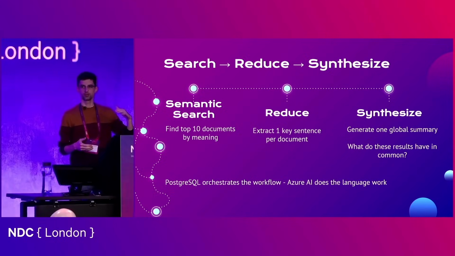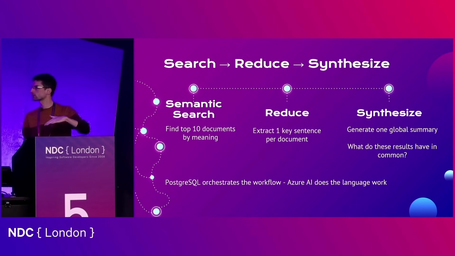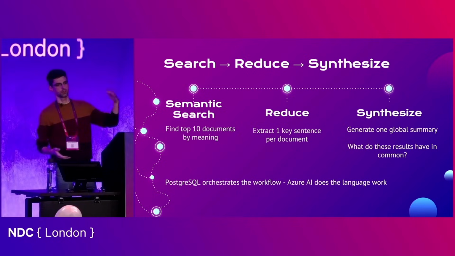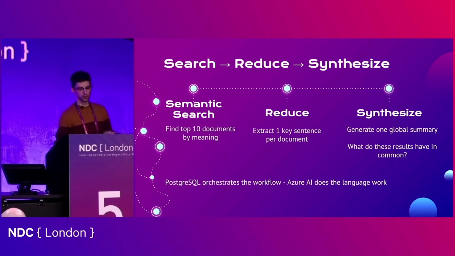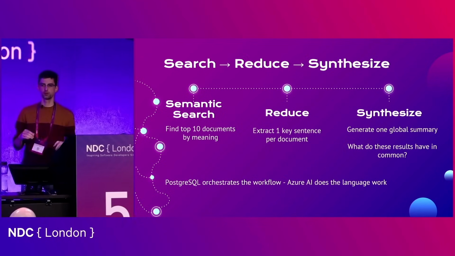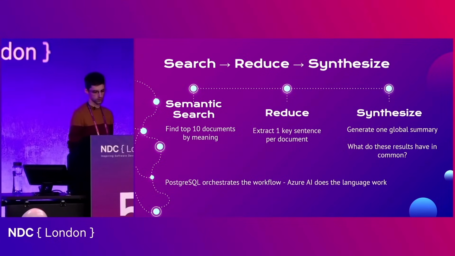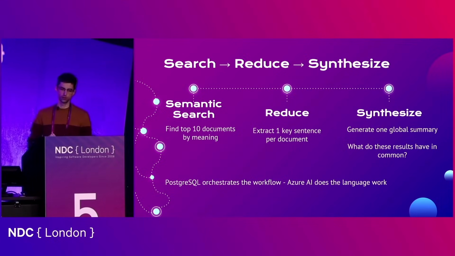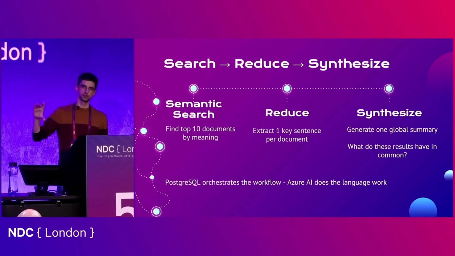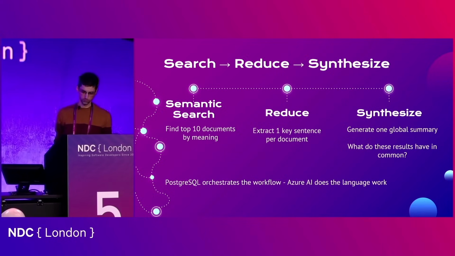So we run a search, find 10 documents, summarize these 10 documents, and get 10 key sentences from these search results. And then we will use abstractive summarization to generate the summary which is global and common for these 10 documents. This allows us to find the relevant documents and find what is the common summary of these 10 documents.